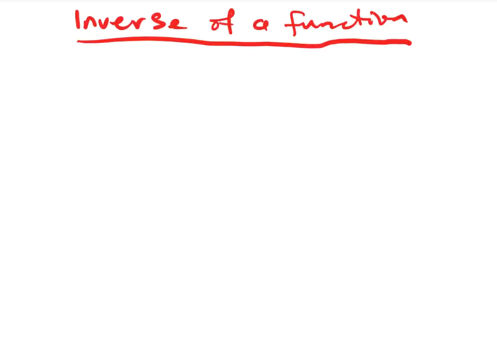To solve an inverse of a function, we have to take note of the following. The first step is to assume f of x to be y.